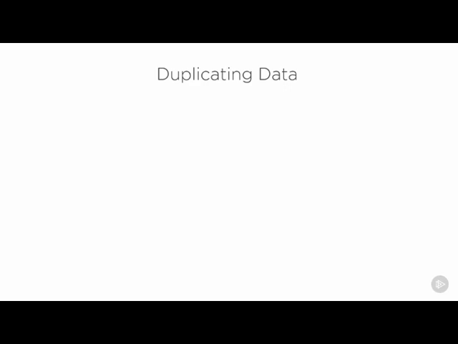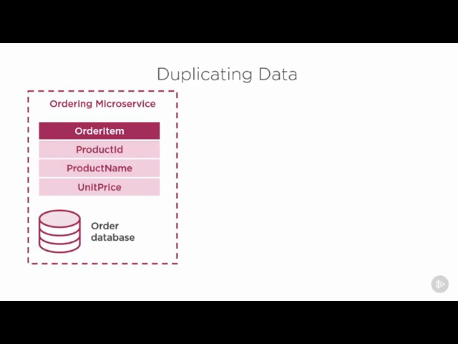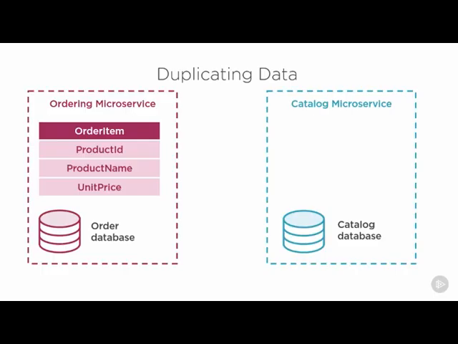This breakdown of microservices also highlights a way to approach one of the difficulties that we just discussed. The ordering microservice has a concept of an order item, which represents a single item in your order. The order item entity contains a product ID, a product name, and a unit price. But hang on a minute, shouldn't the catalog microservice be responsible for owning product names and prices?